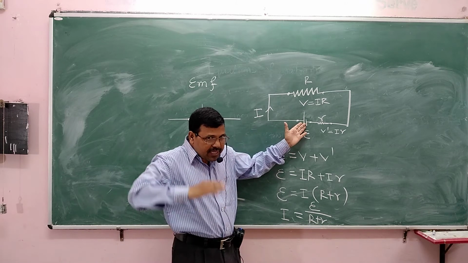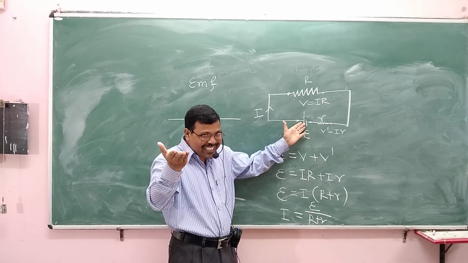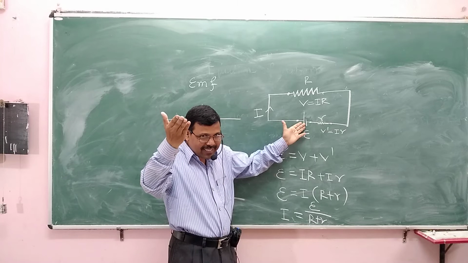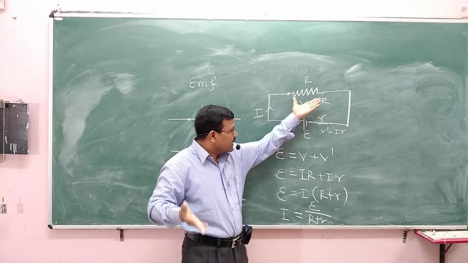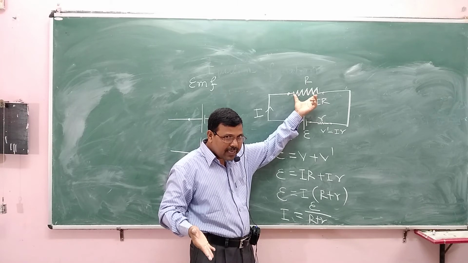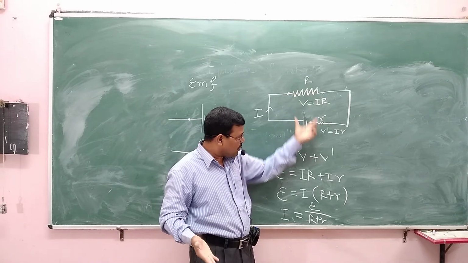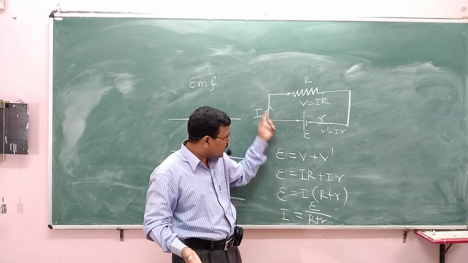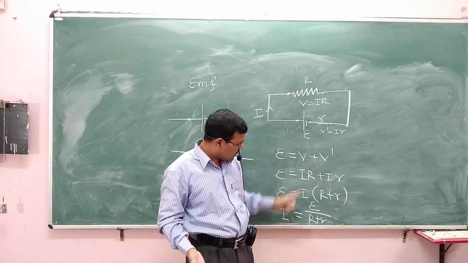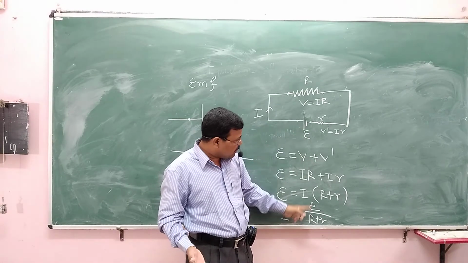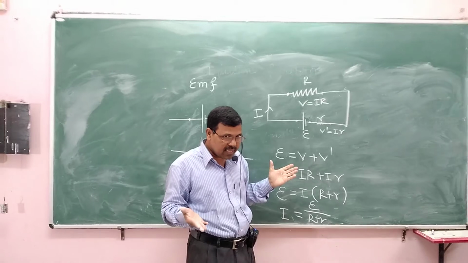Here, the cell is under discharging action. The cell is sending the current, and the current is drawn by the resistor from the cell. So the total current that is flowing through this resistor is equal to the total voltage of the cell divided by the total resistance.